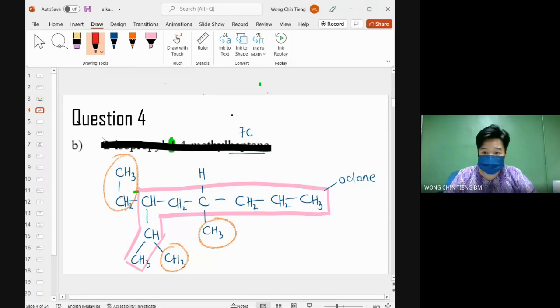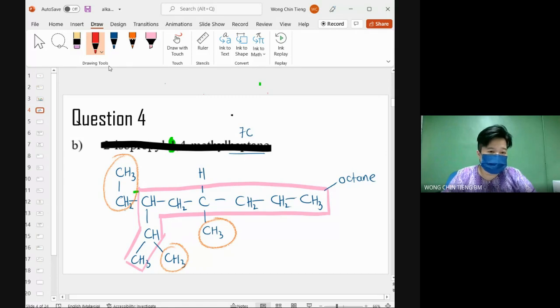Kita kira dari kanan. 1, 2, 3, 4, 5, 6, 7, 8. Kita kira dari kanan ke kelas? Kita kira dari kiri. Kita kira dari kiri. Why?